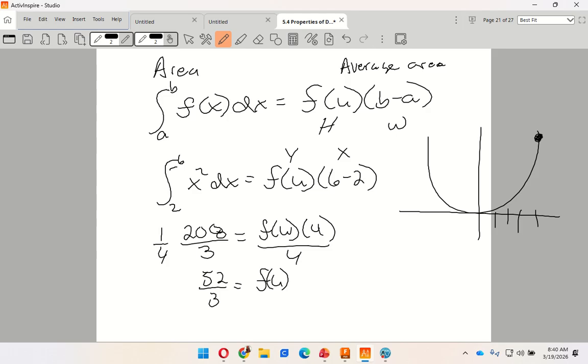There's some y value that is actually this right here, of the entire thing. And basically I'm going from 2 to 6.